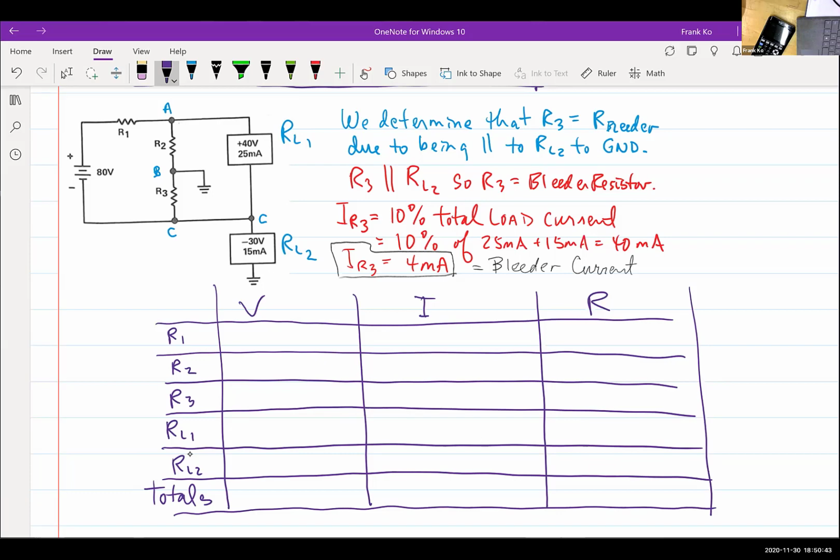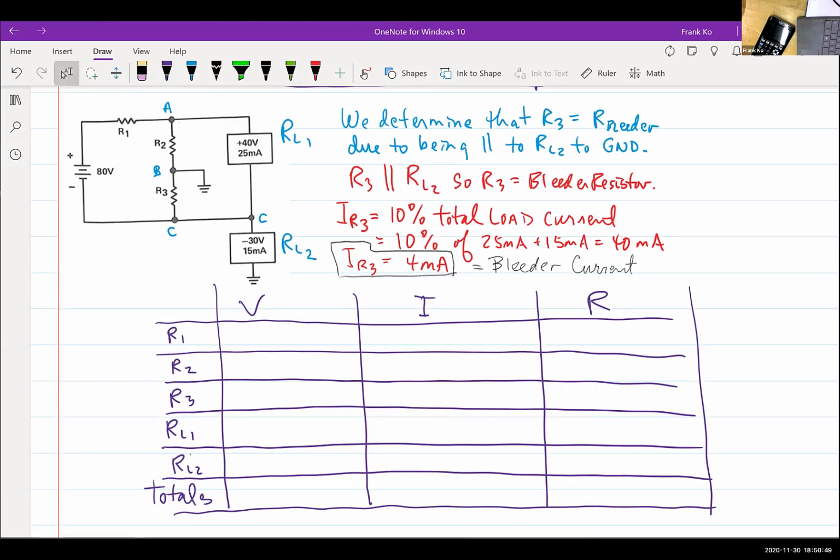Where do I start? Let's go ahead and start with our givens. So Robert, give me some givens. IR3. IR3, okay. We just determined IR3 was 4 milliamps. Well, that was a calculation, it wasn't given, it was our first calculation. What's given?